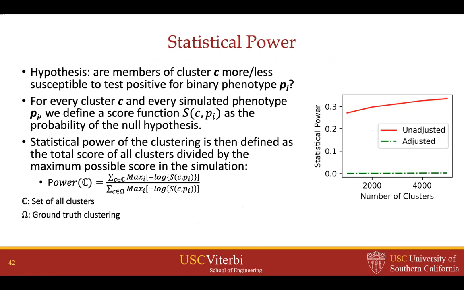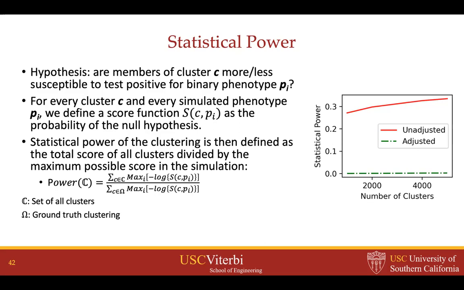We used the binary phenotypes that we simulated to calculate the statistical power of various clustering algorithms, in terms of how many of the simulated phenotypes they could extract, and how much of the significance of these simulated phenotypes they could extract, because every cluster had a simulated phenotype that had a different prevalence inside the cluster compared to the entire population.